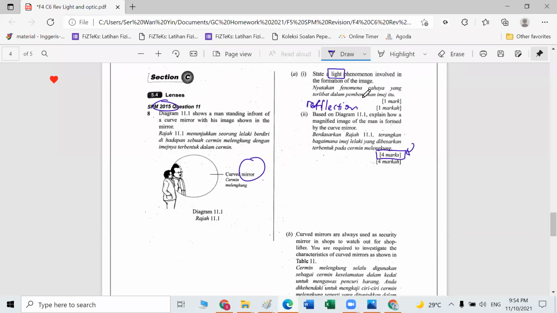Okay, then next, explain how a magnified image of a man is formed. This is the only explanation for 1 mark. No need to write sentence, but you can just draw. Since it's a mirror, they just mentioned it's a curved mirror. So you must mention this curved mirror is concave or convex.